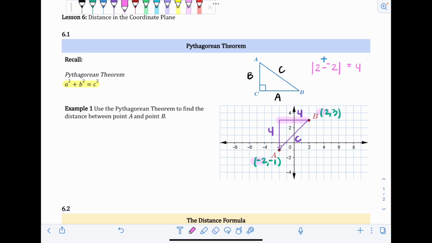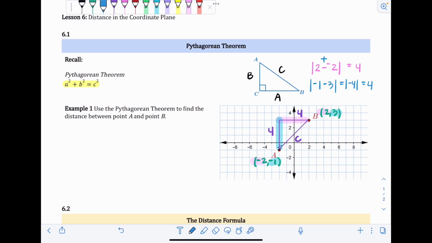And then to find the side that goes up and down, this side, you would have to subtract the y coordinates. So we do 3 minus -1 or -1 minus 3. Really, again, the order doesn't matter. So for this one, I changed the order: -1 minus 3 is -4, and then the absolute value of that is +4.